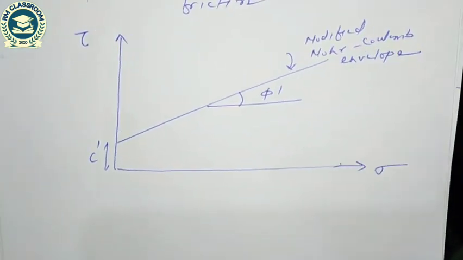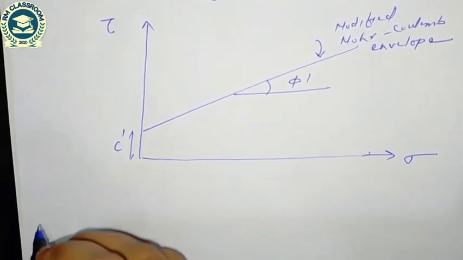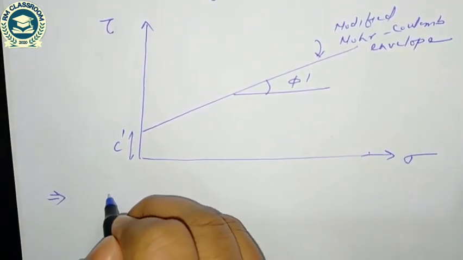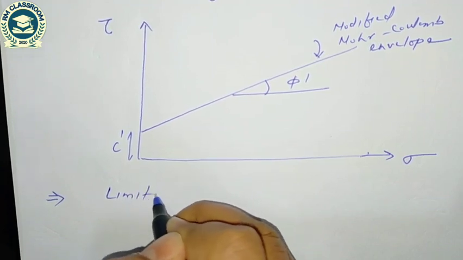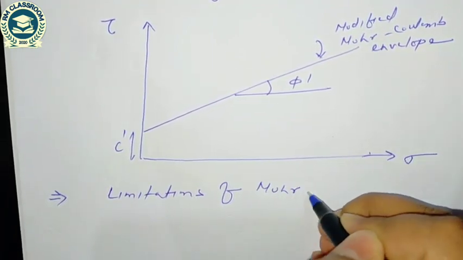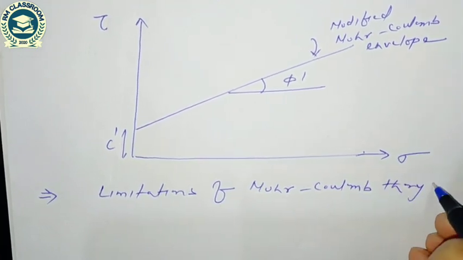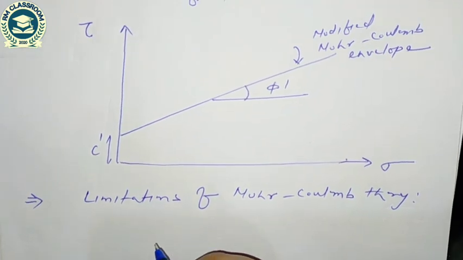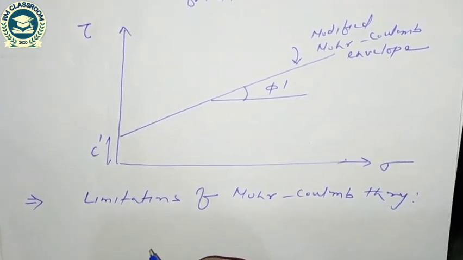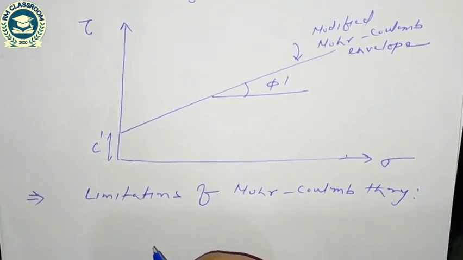So these are the facts about the Mohr-Coulomb envelope, but there are some limitations of Mohr-Coulomb also. So what are the various limitations? The first limitation is that Mohr-Coulomb theory is approximated to be a straight line, which is found invalid for over-consolidated soil.